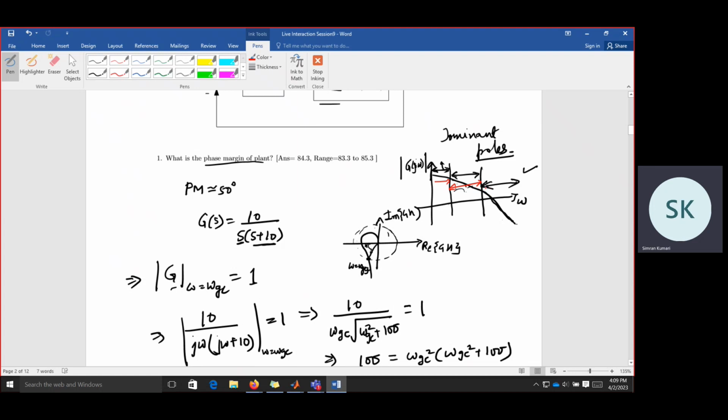For the high frequency region, we consider that the open loop transfer function gain should be low, such that the high frequency signals, which are generally noise, would be attenuated. By this, we have completed the compensator design for closed loop systems using time domain analysis, that is root locus, and the frequency domain analysis.